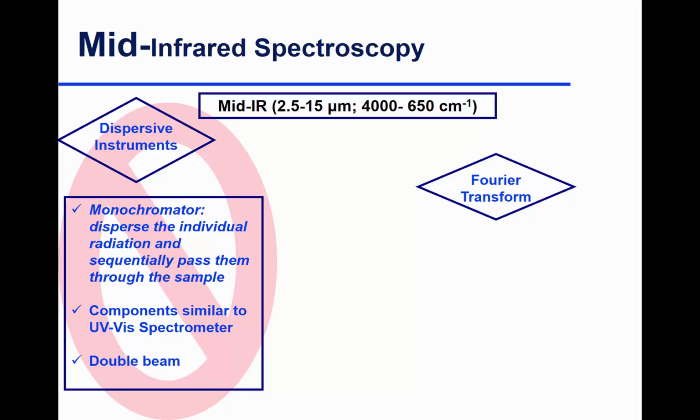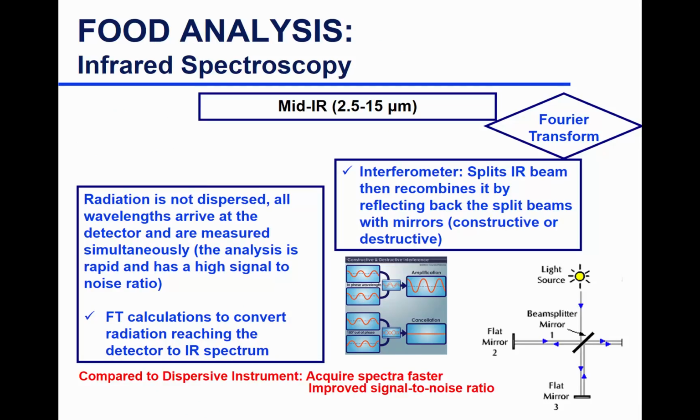Now, the most widely used is the Fourier transform IR. In these instruments, remember the interference that we talked about earlier, I told you I'd bring it back for IR. You have mostly an interferometer instead of a monochromator.